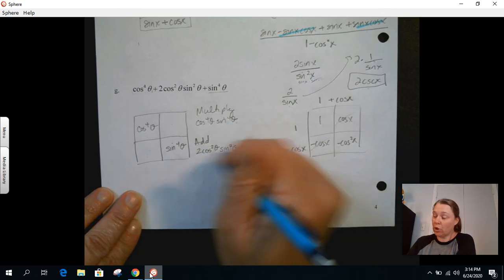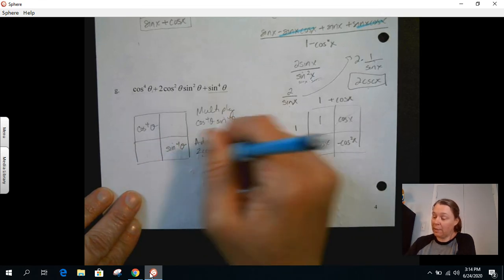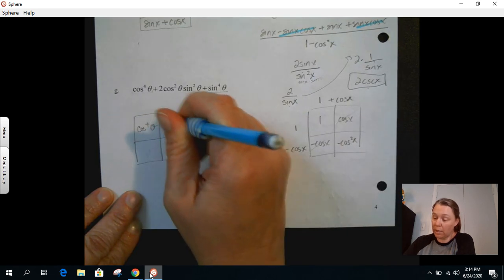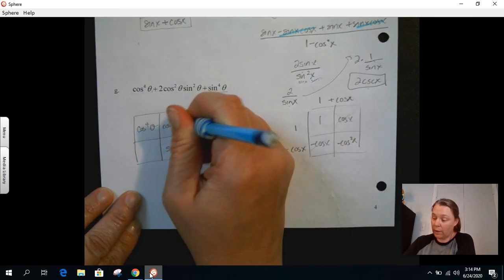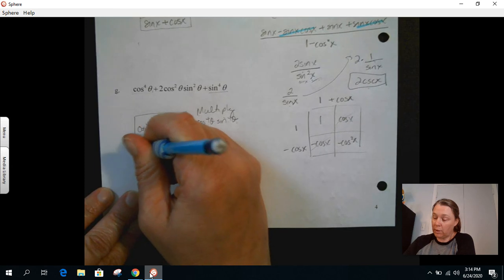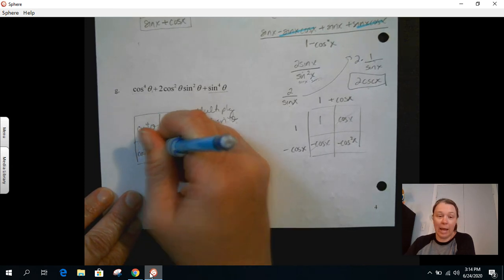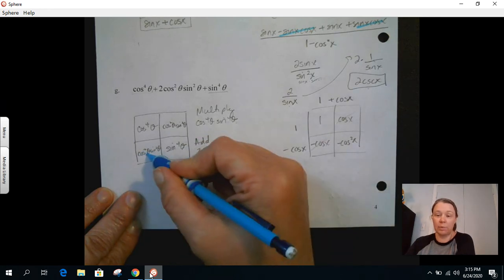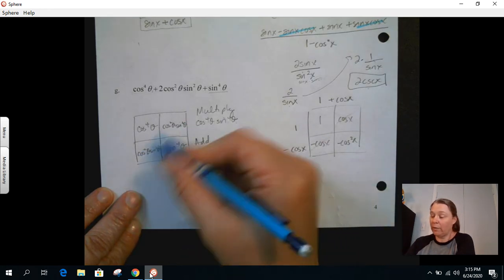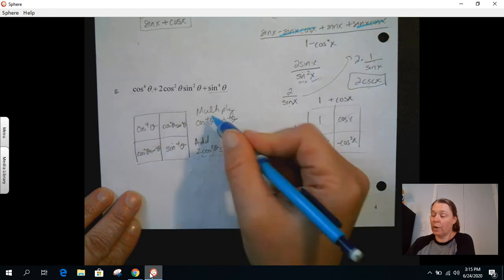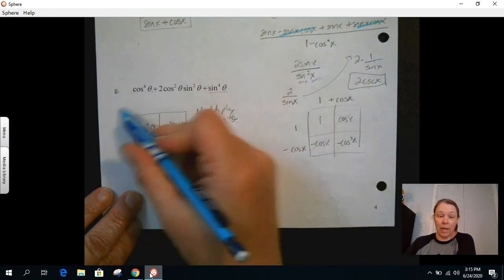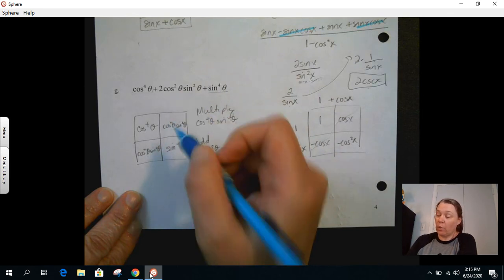So I know that these terms here, because they have to add to be 2 cosine squared sine squared, the variable part is cosine squared sine squared. So these both have to be cosine squared sine squared. And I want them to add to be 2 cosine squared sine squared. Oh, look, they do. One of these plus one of these is 2 of these. And think about it, if you multiply these together, it would be cosine to the 4th, sine to the 4th. How we figure out the outside of the box is we pull a GCF.